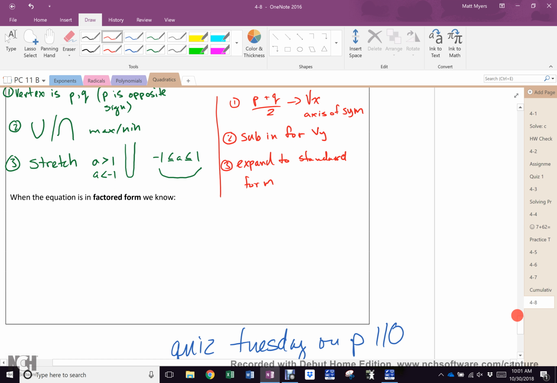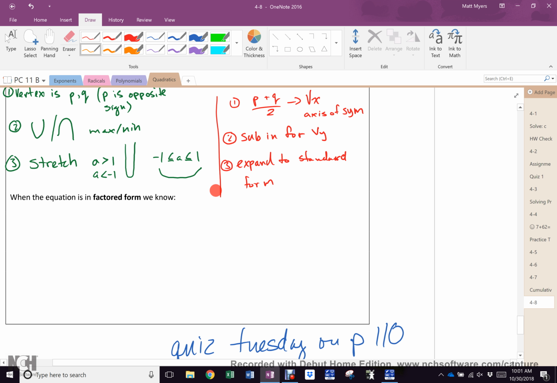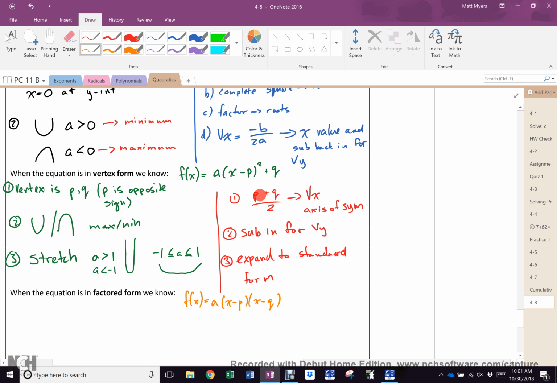Factored form. What's factored form look like? f of x equals a bracket x minus p, bracket x minus q. Now, hey Lucas, is that the same as this?